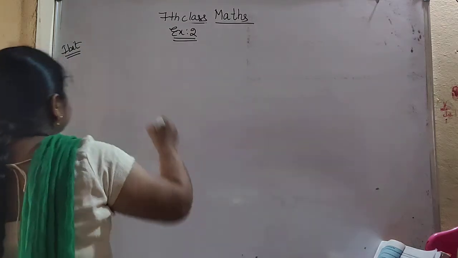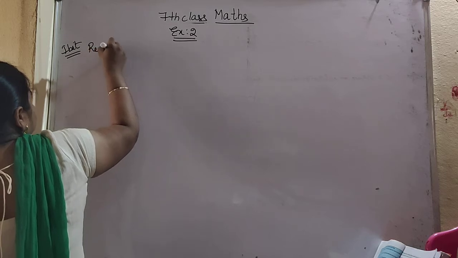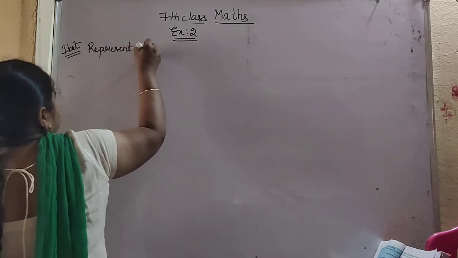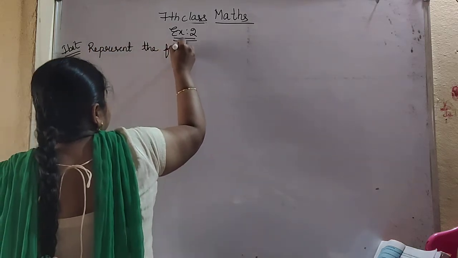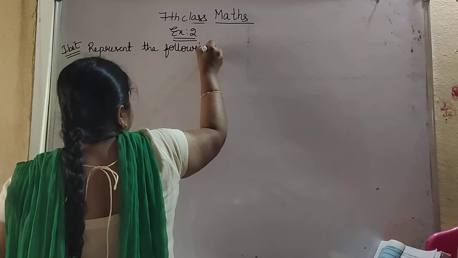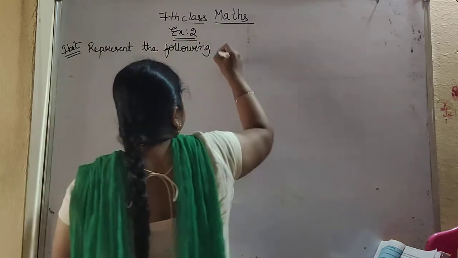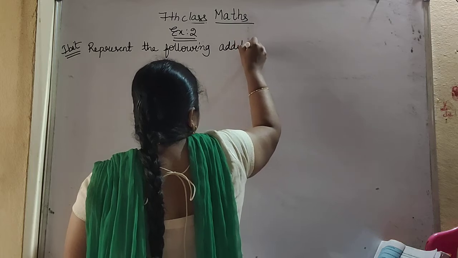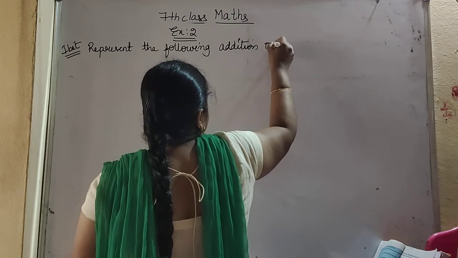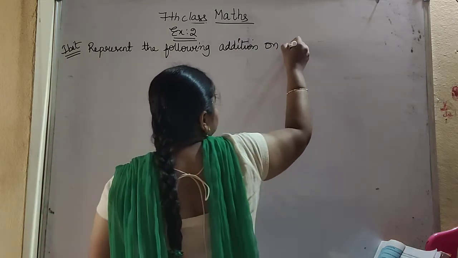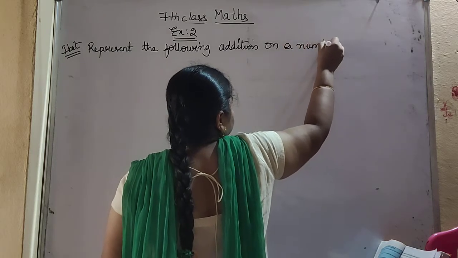First bit, represent the following addition on a number line.